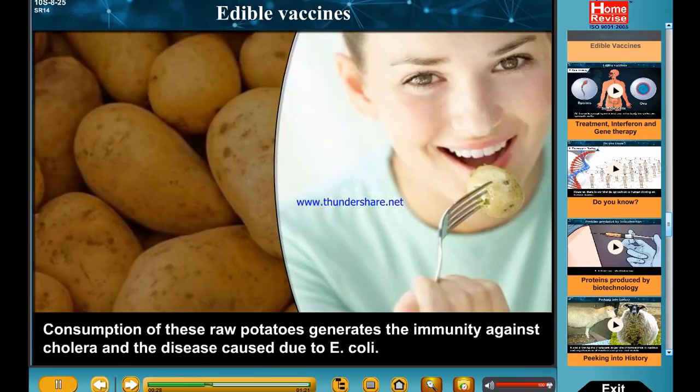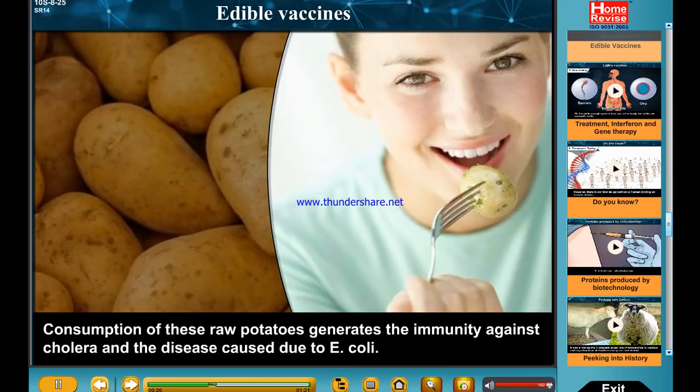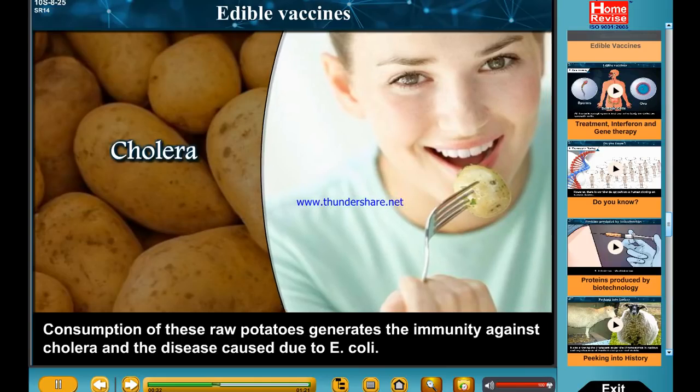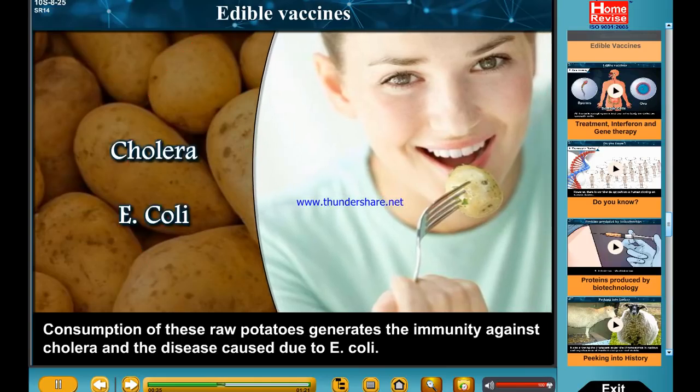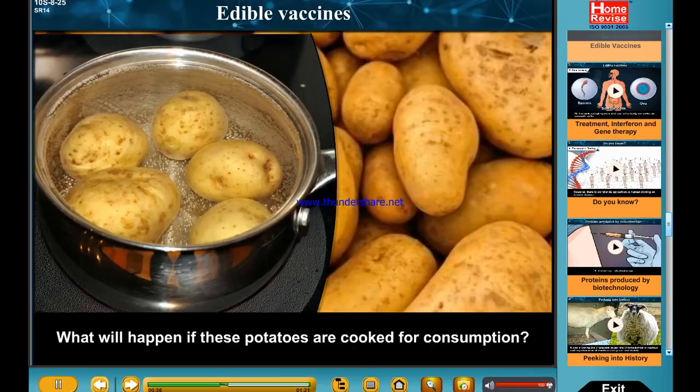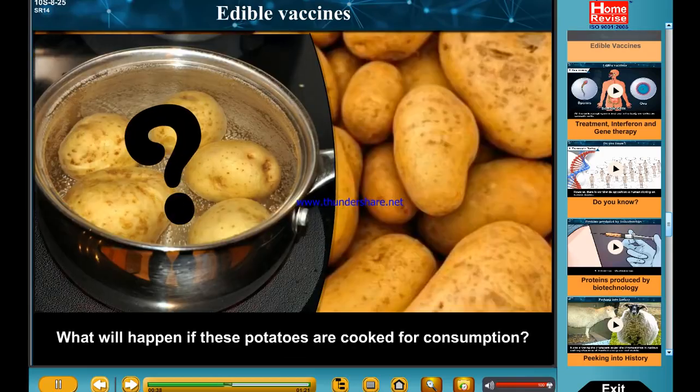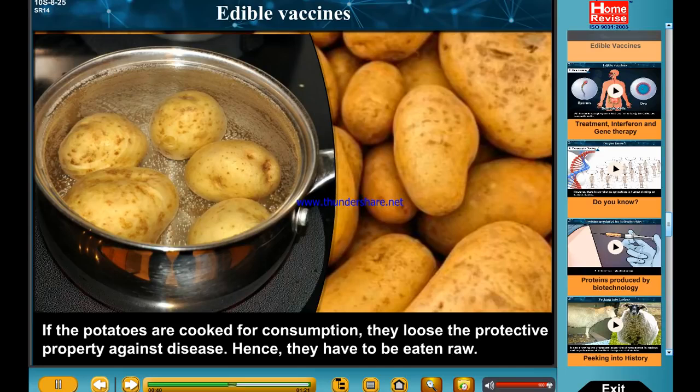Consumption of these raw potatoes generates immunity against cholera and the disease caused due to E. coli. What will happen if these potatoes are cooked for consumption? Answer: if the potatoes are cooked for consumption, they lose their protective property against disease. Hence, they have to be eaten raw.